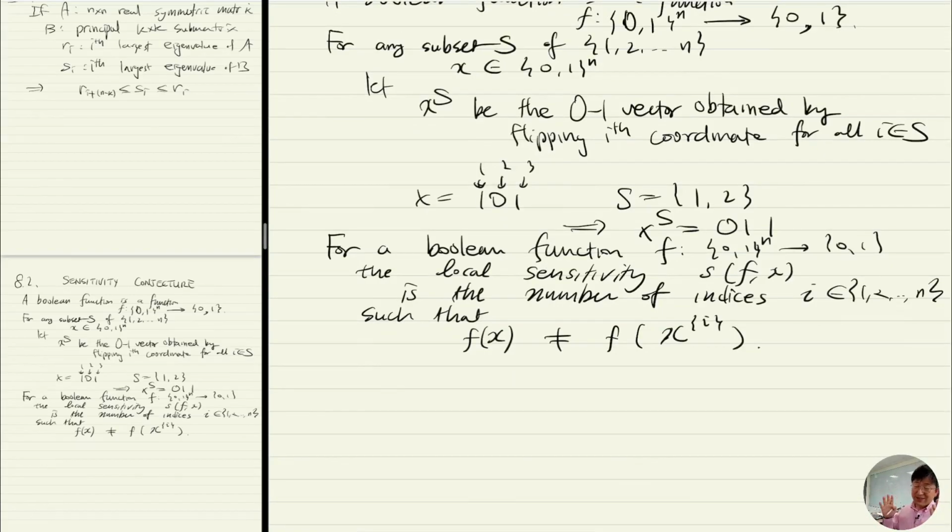So you have some function, some unknown circuit, and you're trying to change the output by flipping one input at a time. You try the first input, if it was 0, you change it to 1 and see whether the output is different. For the second input, you change it and see whether the answer is different. So you try for each one. The number of places where your change makes the output different is the local sensitivity.